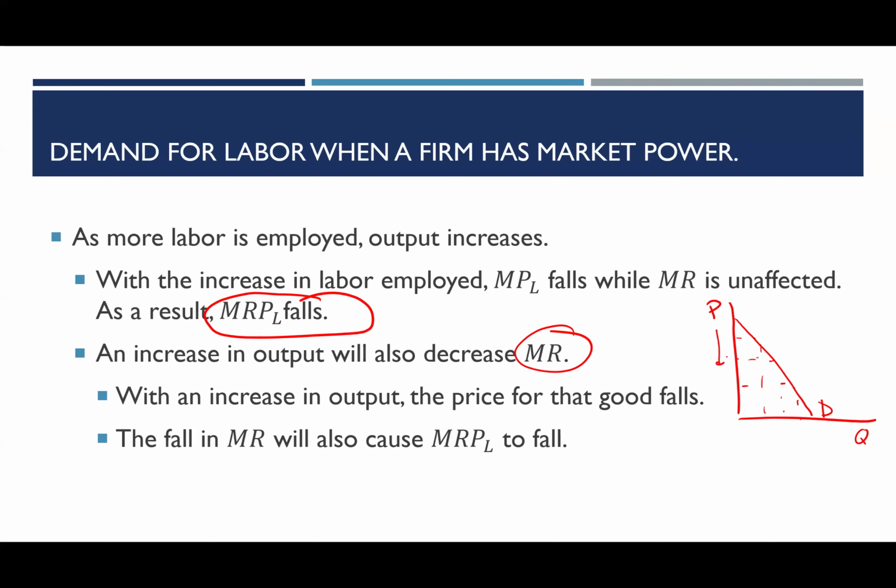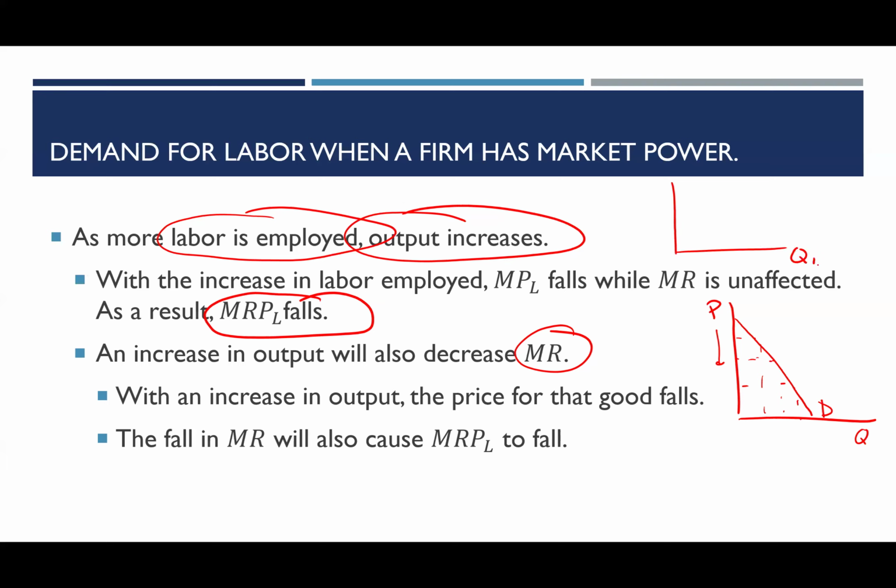And so as marginal revenue falls, marginal revenue product also falls. So when we consider the connection between the amount of labor employed and the amount of output, we see marginal revenue also providing that downward pull on marginal revenue product. So that's again going to give us a negatively sloped marginal revenue product curve.